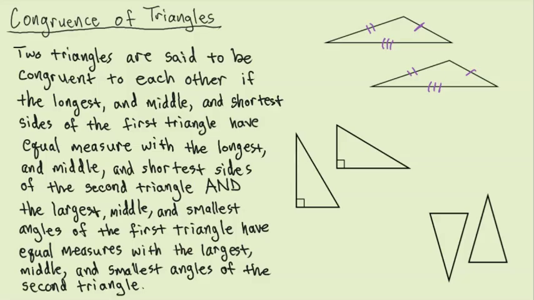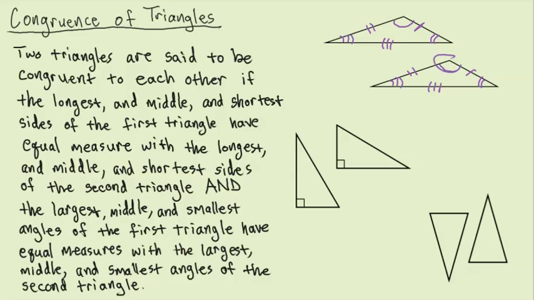And then here we have the largest angle. If this largest angle is the same measure as the largest angle up here, that means that they're congruent. And the middle angle right here is the same measure as the middle angle right here, and the smallest angle right here is the same measure as the smallest angle right here.